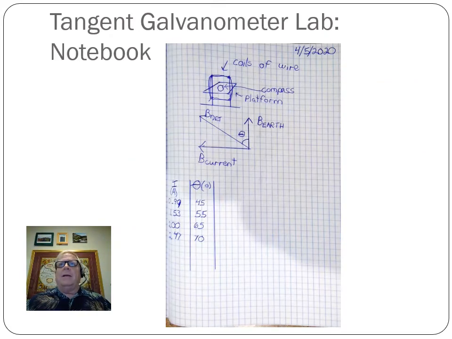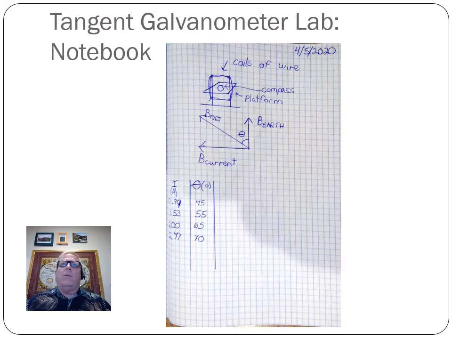Here is my lab notebook page from the tangent galvanometer lab. I put the pictures of my lab notebooks in here just to show you what I expect you to be doing when you're doing your labs. You'll notice that I have the date on there. You'll notice that I have just a sketch of the lab apparatus.